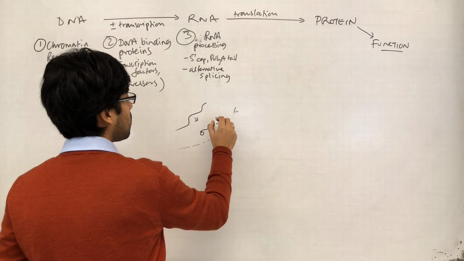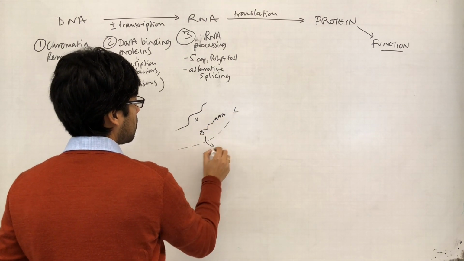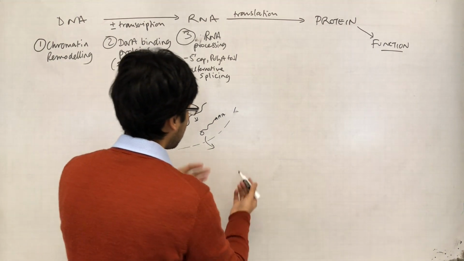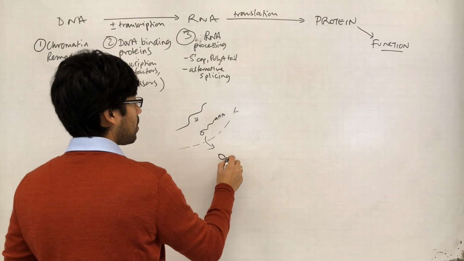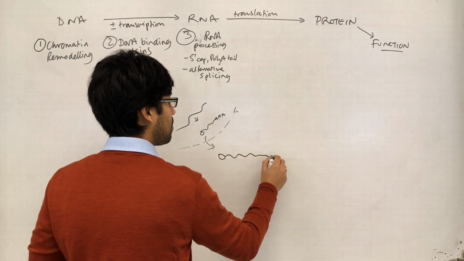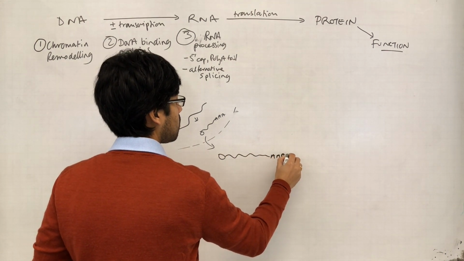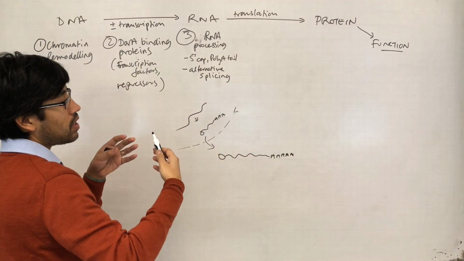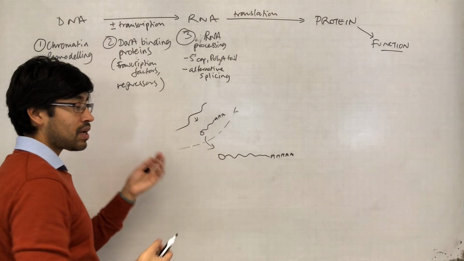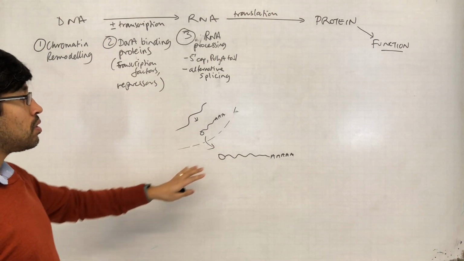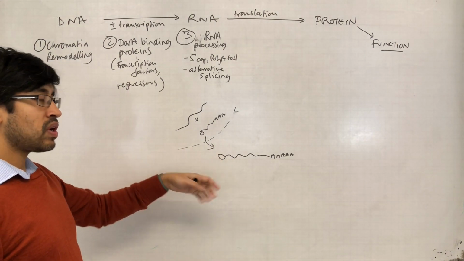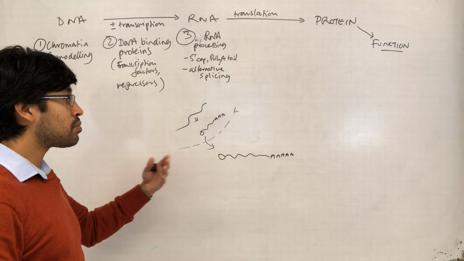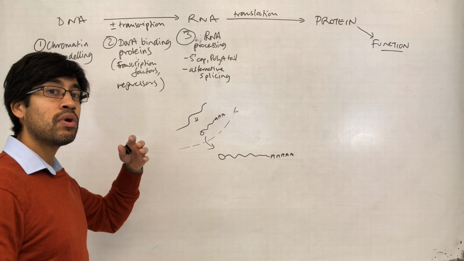It's got some modifications on it, but now it is exiting the nucleus via the nuclear pores, coming into the cytoplasm. Now in the cytoplasm, the mRNA can still be affected in terms of how often it's going to meet a ribosome to allow the process of translation to occur.